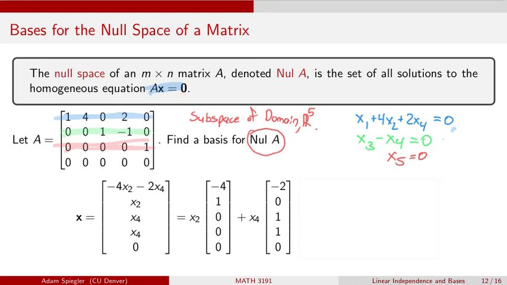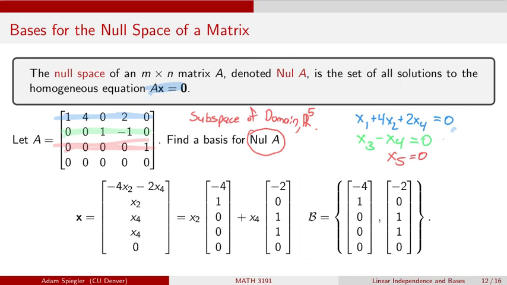Therefore, these two vectors that we've identified form a basis for this subspace, the null space of matrix A. Namely, a basis for the null space consists of these two column vectors: the first one being minus 4, 1, 0, 0, 0, and the second being minus 2, 0, 1, 1, 0.